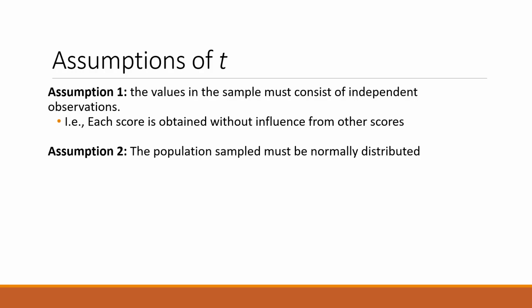There's not other things affecting the data, and we'll talk more about this in future lectures. Assumption 2 states that the population sampled must be normally distributed. If the sample isn't normal, it can affect the statistics, especially if the sample size is small. So it's always better to have a larger sample size.